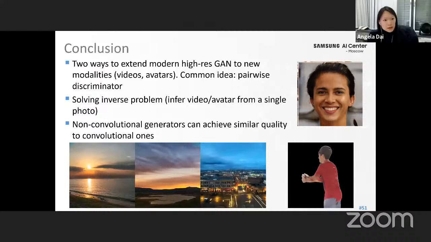And in the inverse direction, do you think it is necessary to have some kind of implicit 3D understanding or structure behind these image generative models?